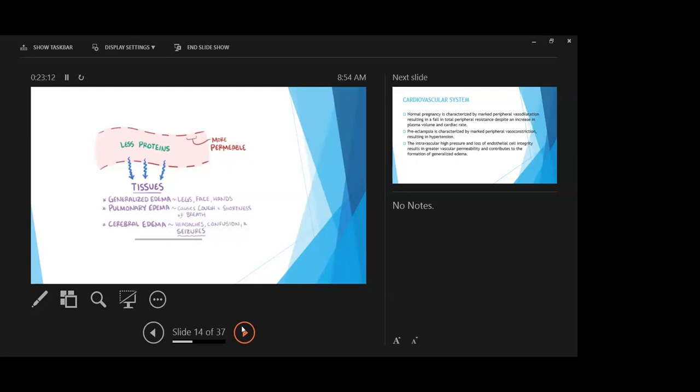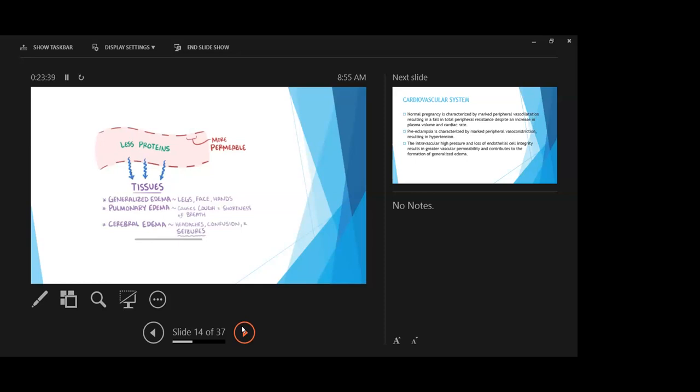And if you ask them about the morning when they get up, at that time, because they have been lying down and fluid redistributes, the edema is comparatively less. But if this kind of edema is there on the hands and face, that should arouse your suspicion. So essentially, previously, preeclampsia used to be number 1, raised blood pressure, number 2, proteinuria, and number 3, edema.